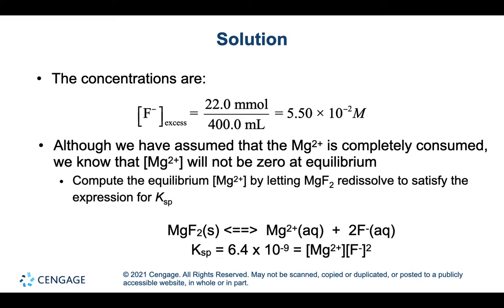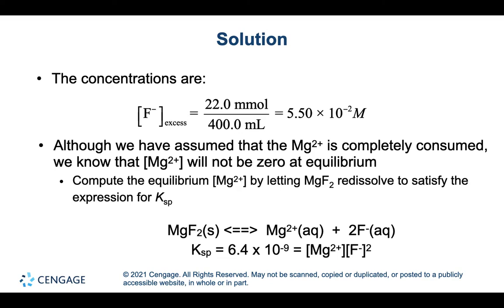Now we did assume that the magnesium went all the way to 0, but we actually know it can't be 0, because then the magnesium times the F minus squared won't equal Ksp. So we're going to assume that this 5.50 times 10 to the minus 2 molarity of F minus is constant.